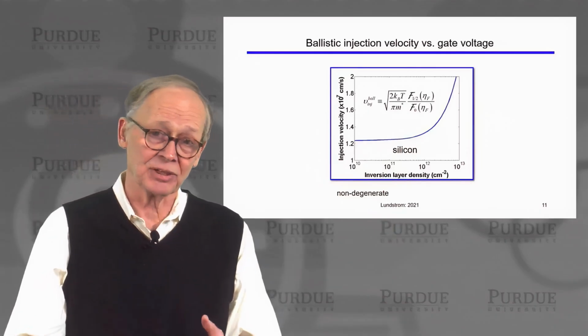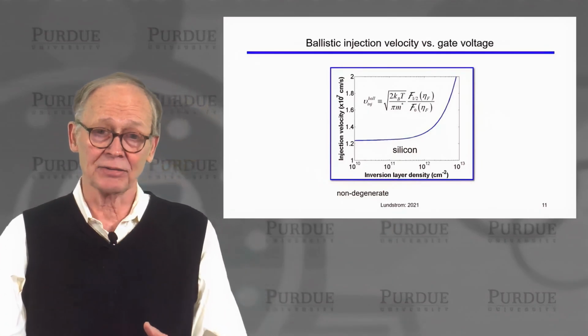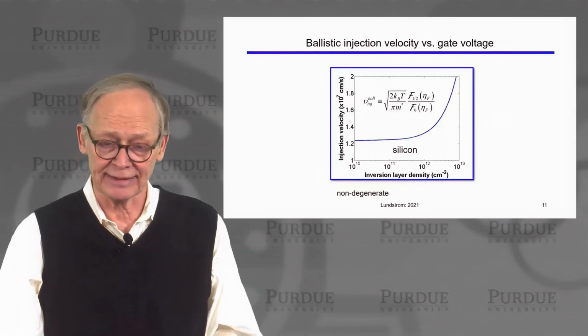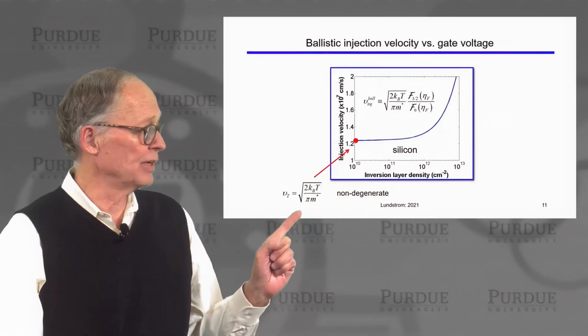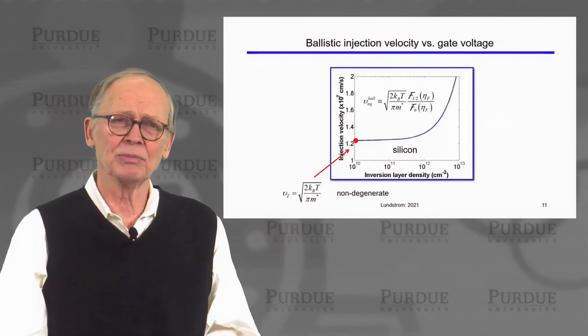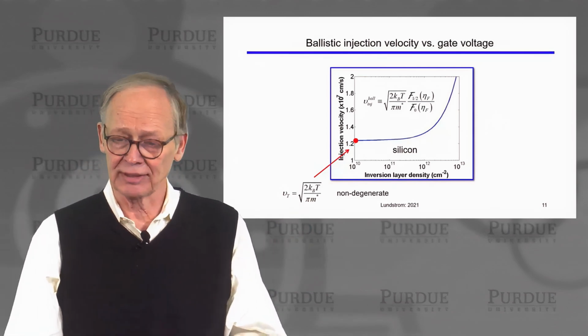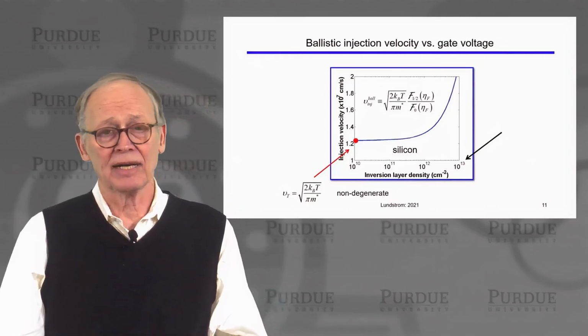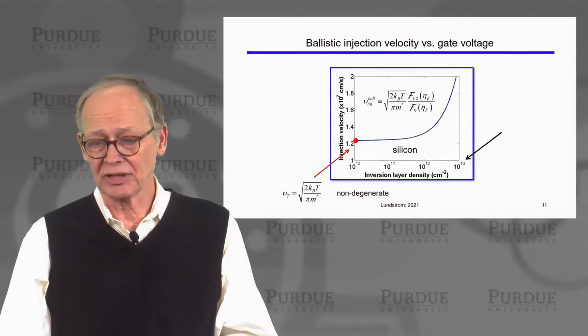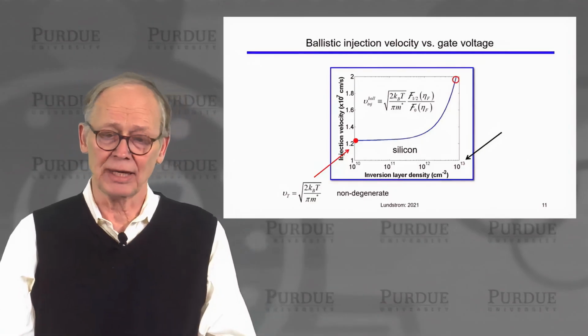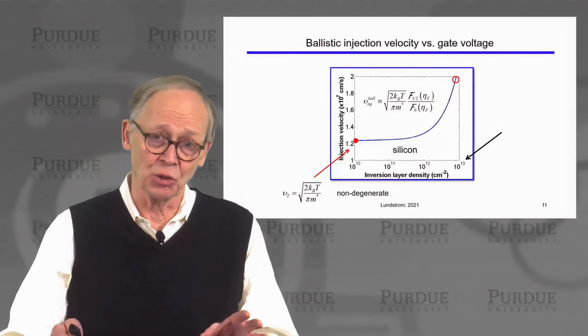So the more electrons that we have in the inversion layer, the higher the Fermi level and the more the thermal velocity. It will start out under non-degenerate conditions at about 1.2 times 10 to the 7th centimeters per second in silicon. But if we go to high densities under on-state conditions, it can be almost a factor of 2 higher. So that's important to know.